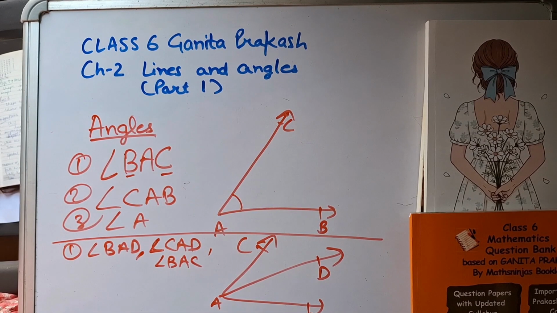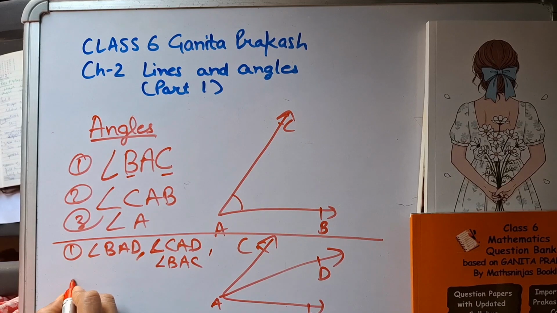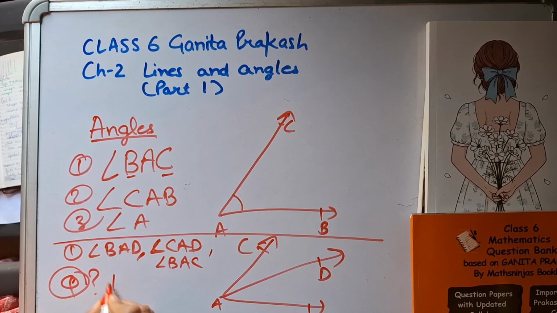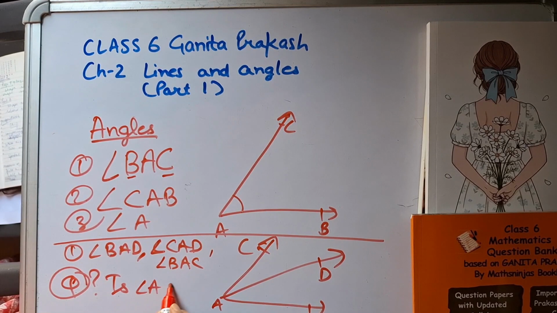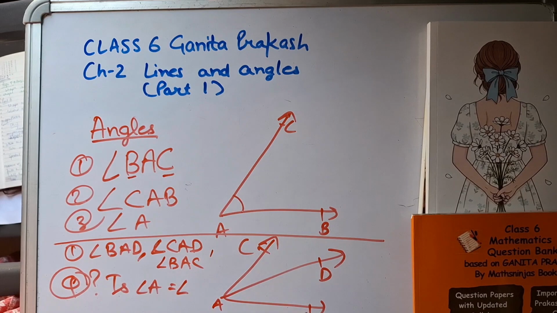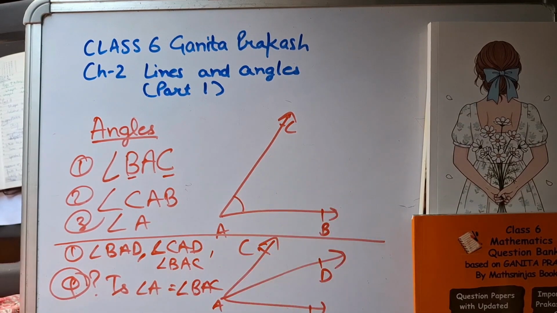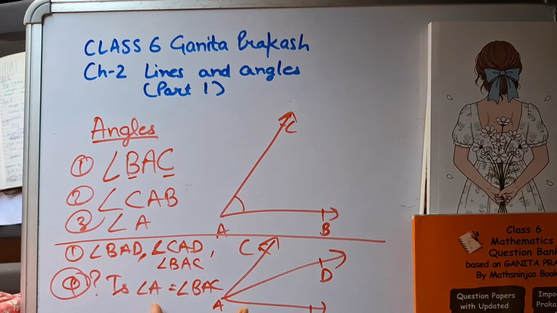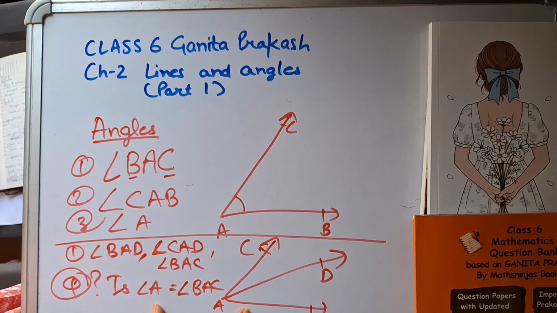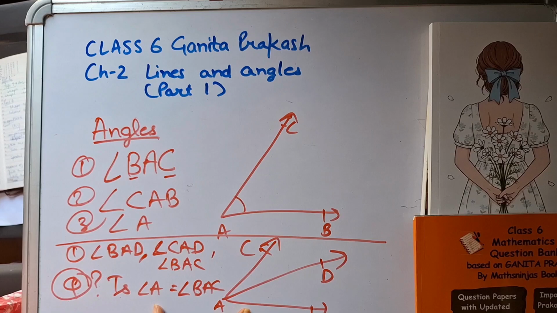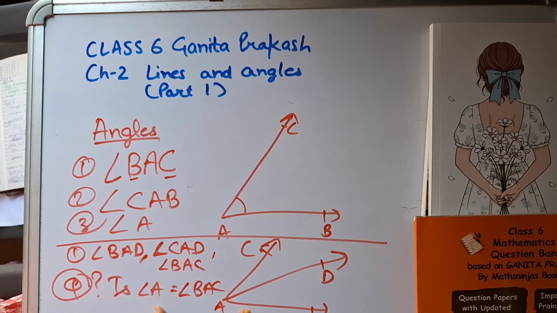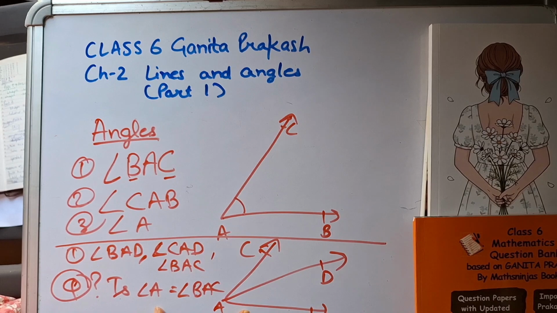Then my question is: is angle A equal to angle BAC? Here we said that angle A is equal to BAC, but in this case is angle A equal to angle BAC? Just think about it, pause the video and think about it, and get back to it. My answer is no, they are not the same.